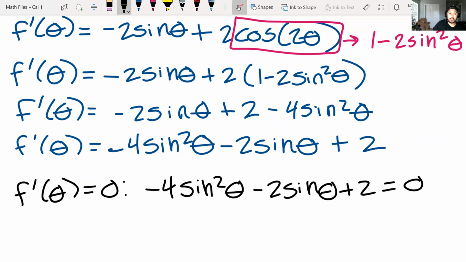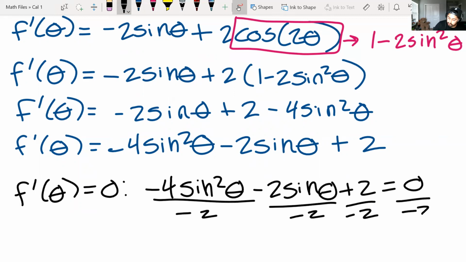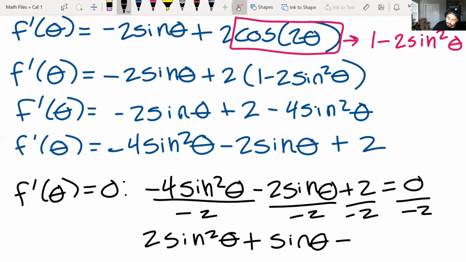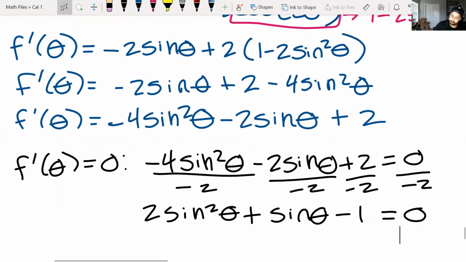This is an equation. I do what I want. So I'm going to divide everything by negative 2, and I get 2 sine squared theta plus sine theta minus 1 equal to 0.